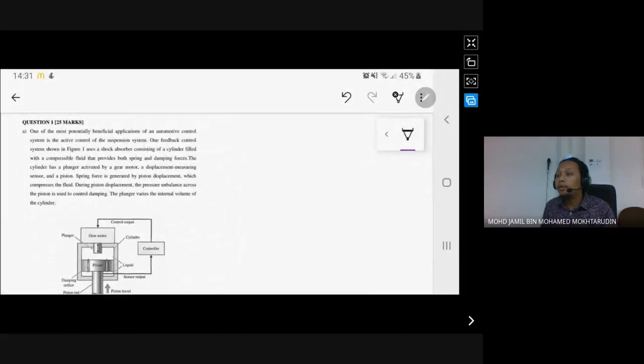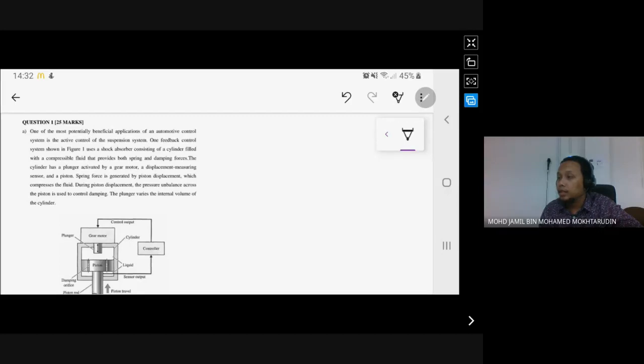All right, so one of the most potentially beneficial applications of an automotive control system is the active control of the suspension system. One feedback control system shown in figure 1 uses a shock absorber consisting of a cylinder filled with a compressible fluid that provides both spring and damping forces.